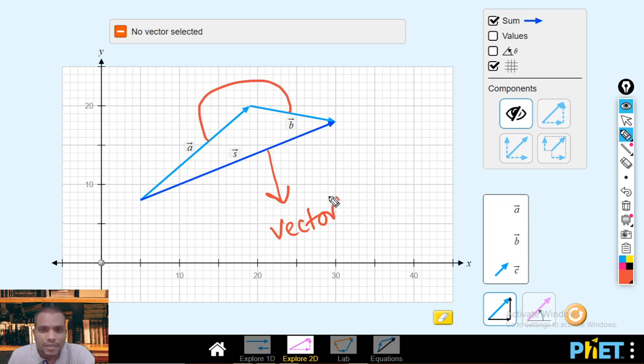Now this vector is resolved into two components, that two components are these two, a bar and b bar. So this is how we resolve vectors into components.